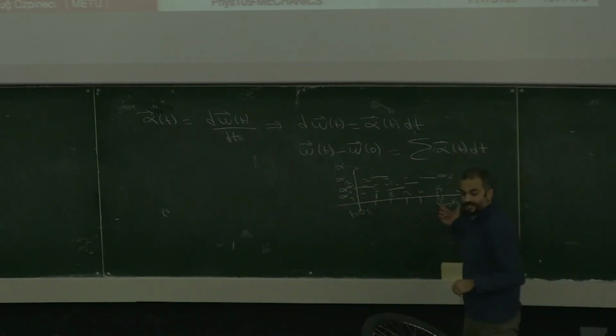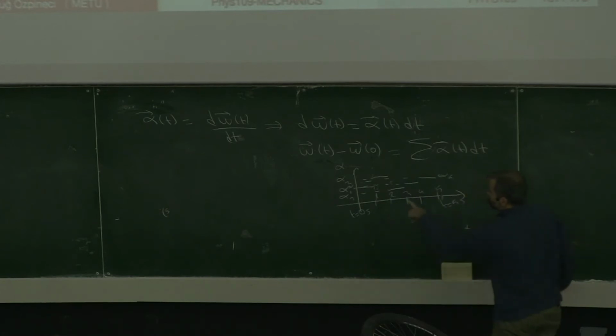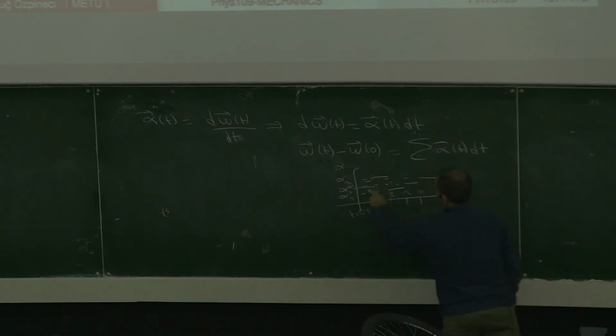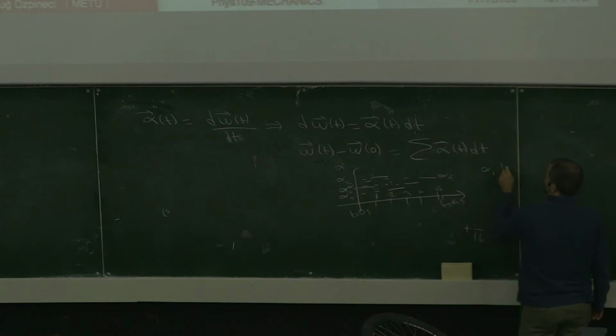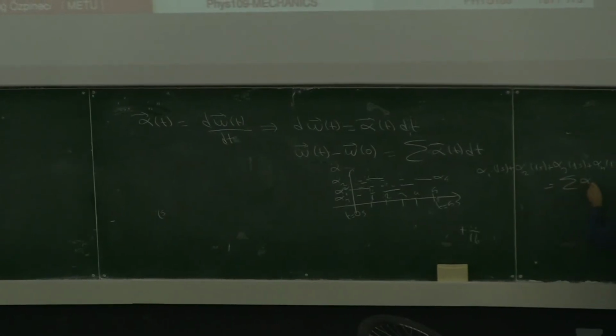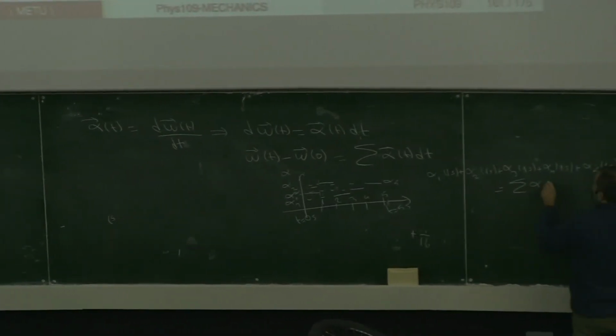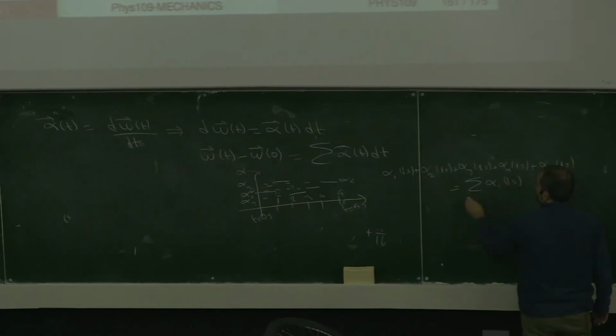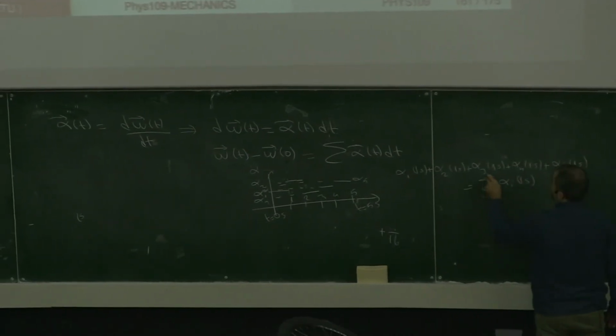Okay, the total change in the angular velocity would have been alpha 1 times 1 second, plus alpha 2 times 1 second, plus alpha 3 times 1 second, plus alpha 4 times 1 second, plus alpha 5 times 1 second. And this I can also write as the sum over alpha i times 1 second, i from 1 to 5.